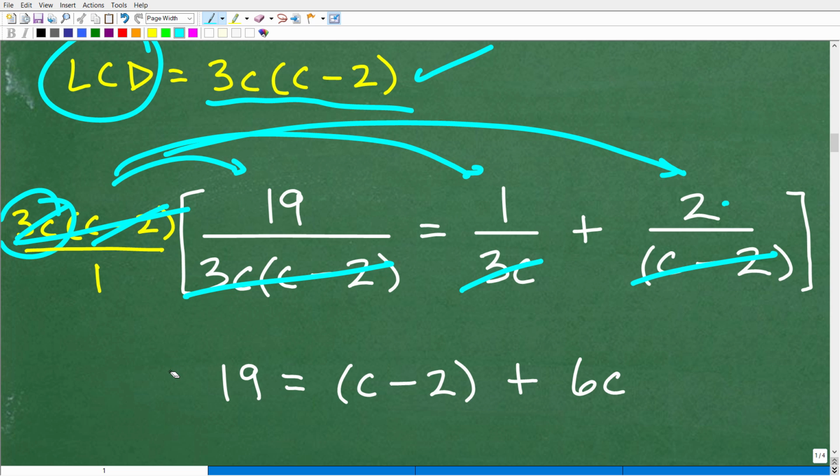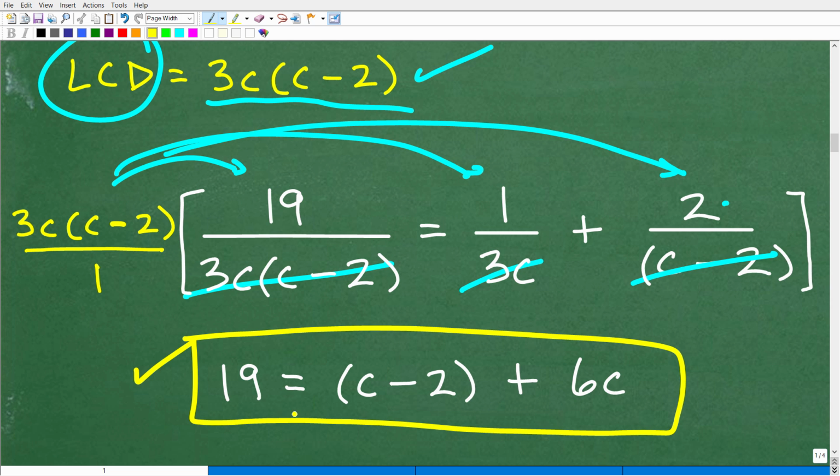Okay, so you can obviously pause the video and walk through this step by step to make sure you understand this stuff, but this is how we multiply this term right here by all this stuff to clear the fractions. All right, so all that work led us to this lovely equation right here. 19 is equal to c minus 2 plus 6c, and now we have a lovely linear equation.